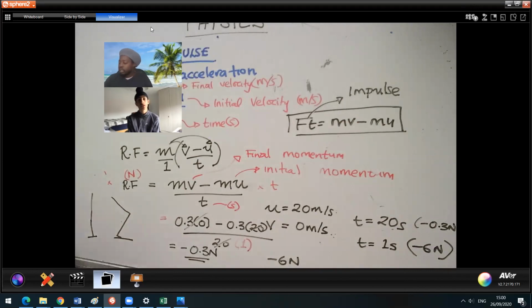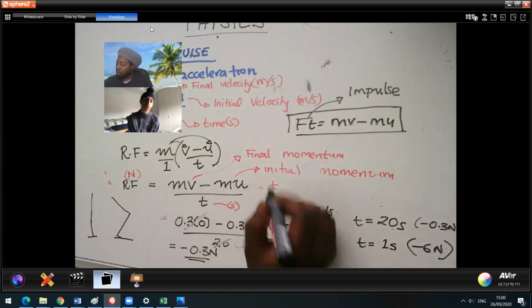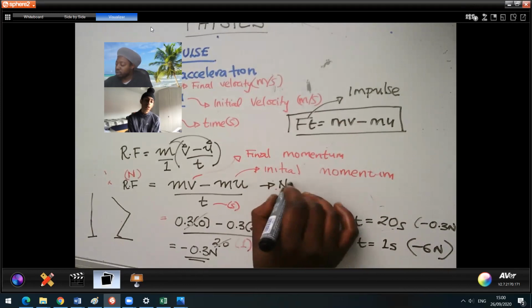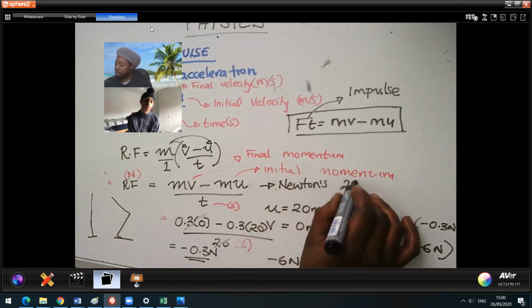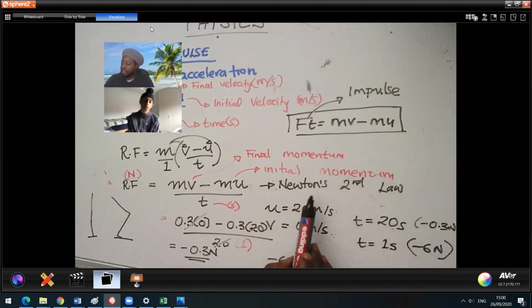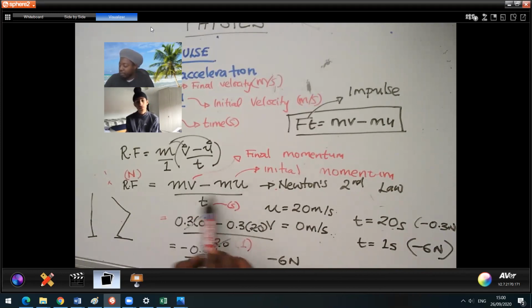Now, from here as well, we have what is known as Newton's second law. This expression is also known as Newton's second law. And what it says is that the rate at which momentum changes, because you're looking at final minus initial, so you're looking at a change, and it's a rate because you're dividing by time.